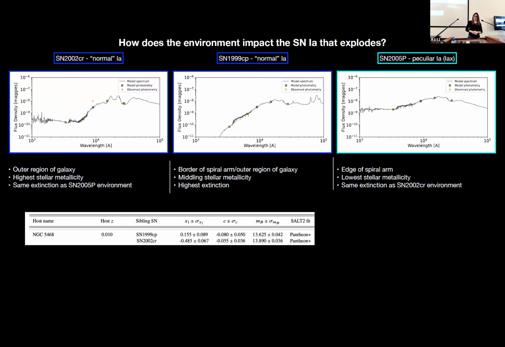The extinction is very similar to that of a peculiar Ia, this Iax, which is closer in. So we are seeing that these differences in their cosmological parameters are following on from what we might see in the differences in their actual environment. And the Iax also came from a region in the galaxy with the lowest stellar metallicity, which is what we expect from these Iax systems.